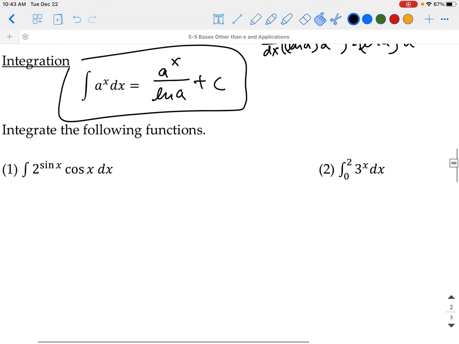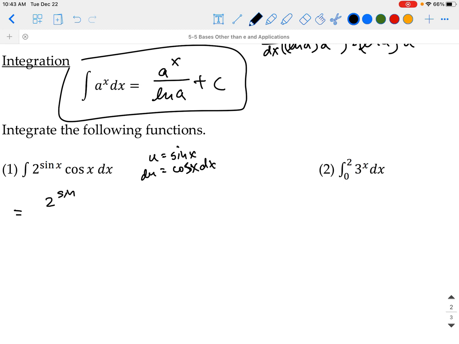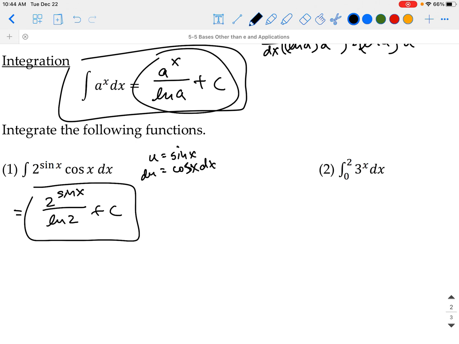All right, so for our examples below, if we want to, we could do a u substitution. A really simple one, but we actually don't need to because it's so simple. But if you wanted to do a u substitution, you'll definitely be doing u substitutions with these. So this is going to equal 2 to the sine x over the natural log of 2 plus c, again just using that form above.